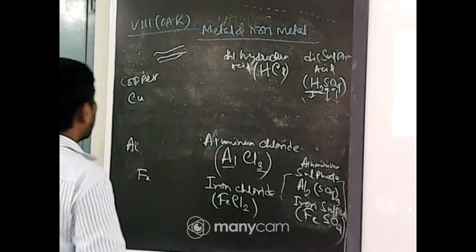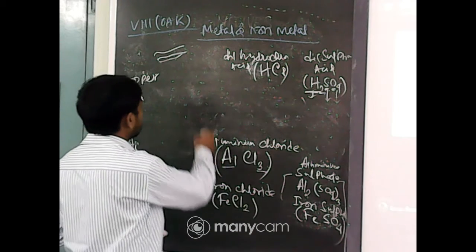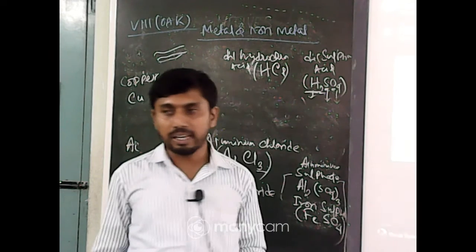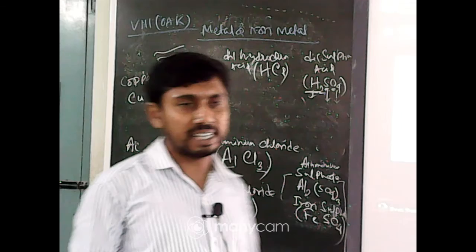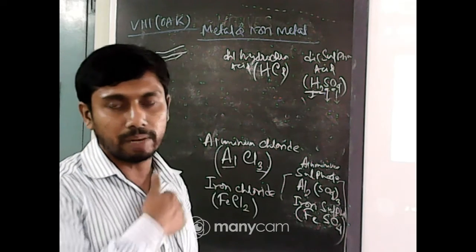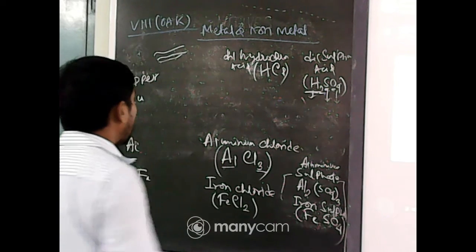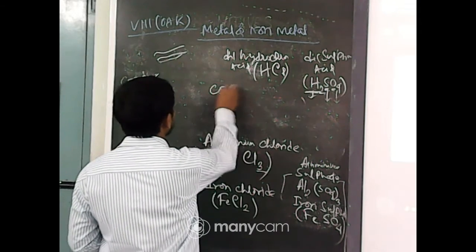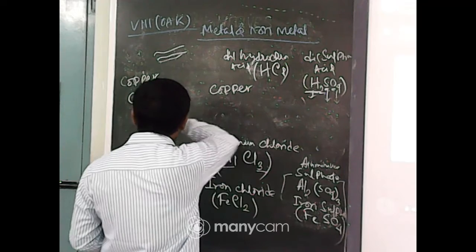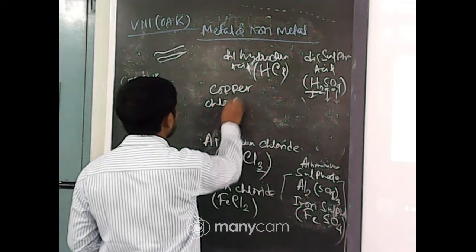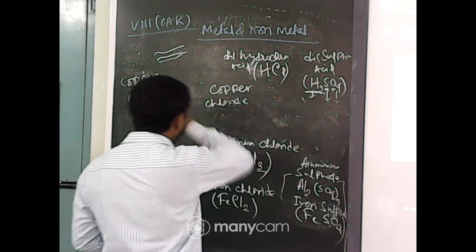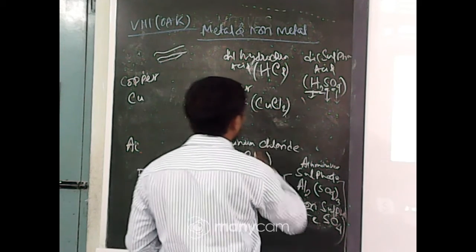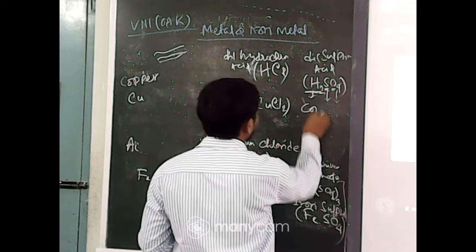Okay, so dilute hydrochloric acid reacts very slowly with copper, and if we use concentrated HCl in this place, then the reaction will be faster. But as we have used dilute hydrochloric acid in warm condition, it is copper chloride, CuCl2, copper sulfate.